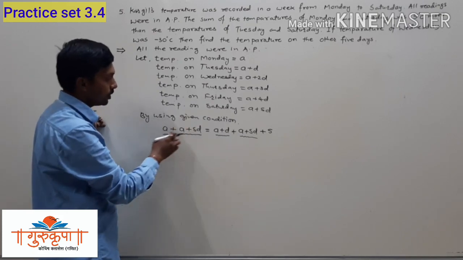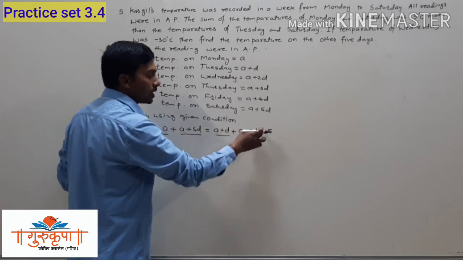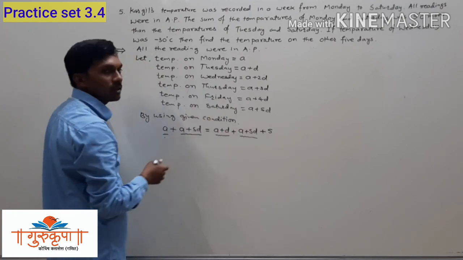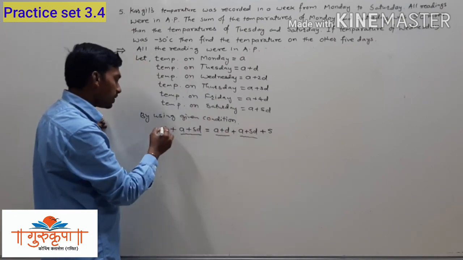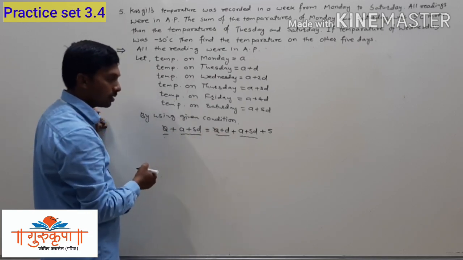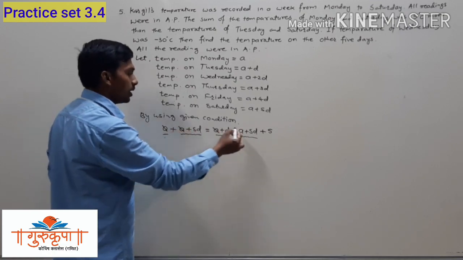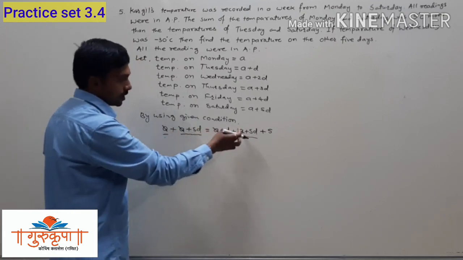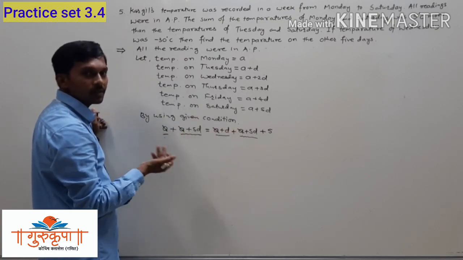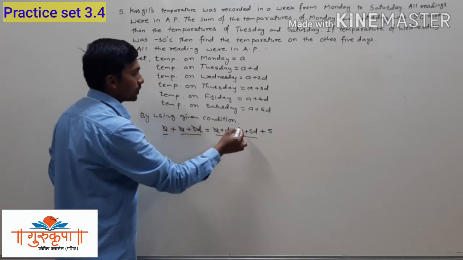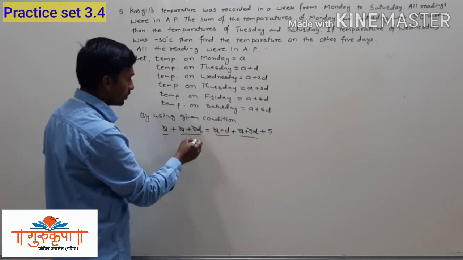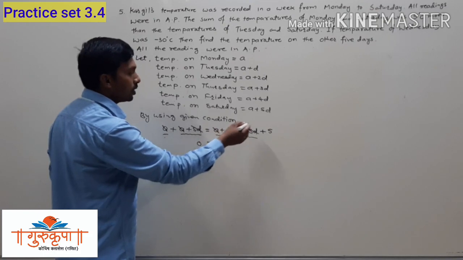So here A gets cancelled. Then again A gets cancelled. If we transfer these terms to the left side, they will go into subtraction and the subtraction becomes 0. Then 5D gets cancelled and nothing is remaining, means we have 0 here, it is equal to D plus 5.